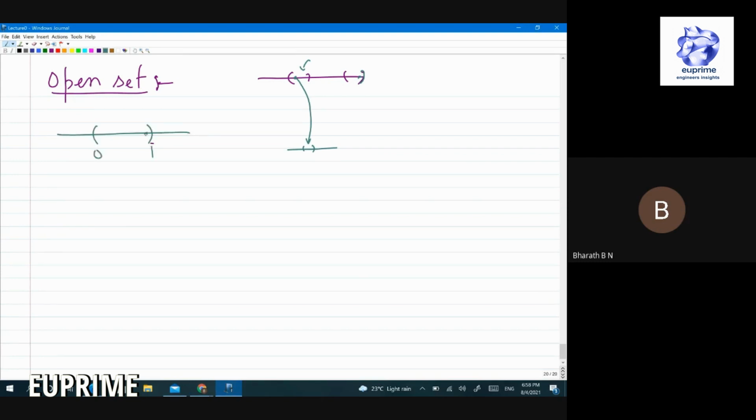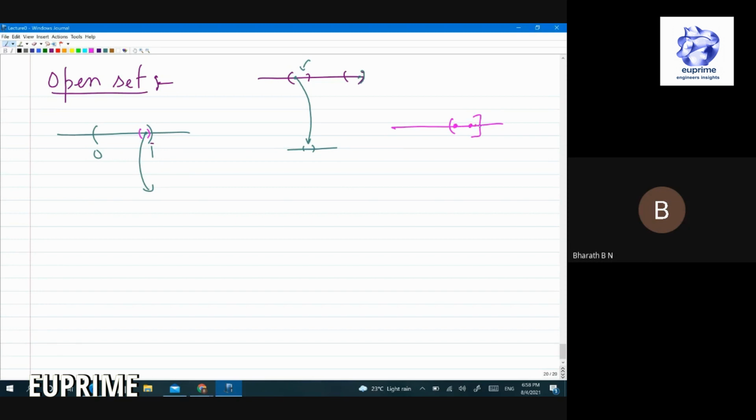If you take an x which is very close to 1, I can still put a small interval around it, and it is still sitting inside the bigger interval. So that's called an open set. It should be possible for all the points. What about this? Is this an open set? Why? I have no problem with this point, no problem with this point.